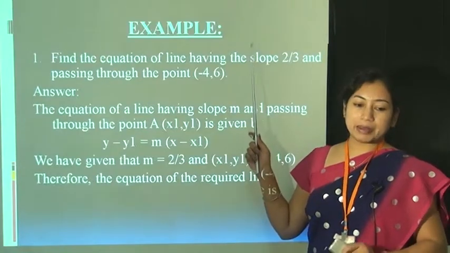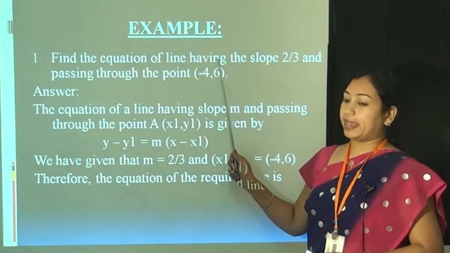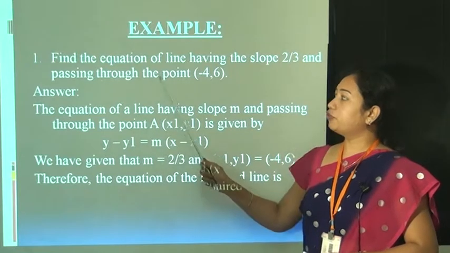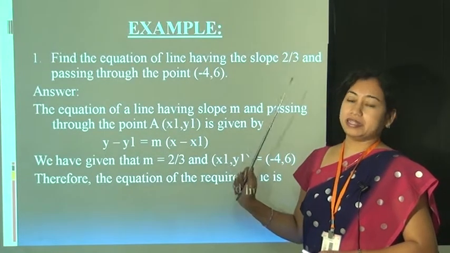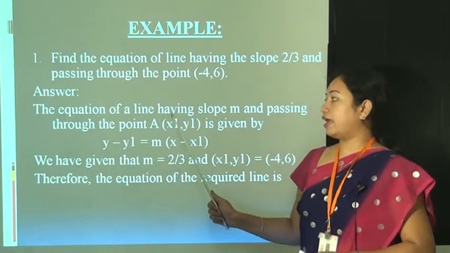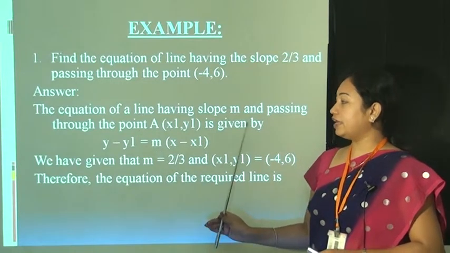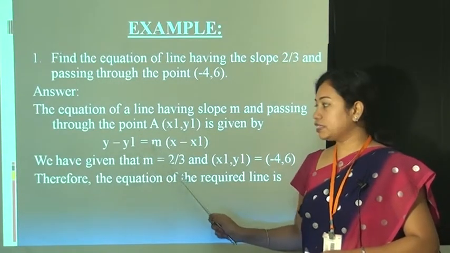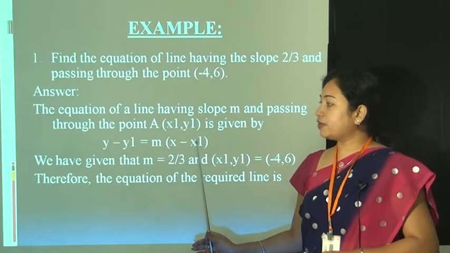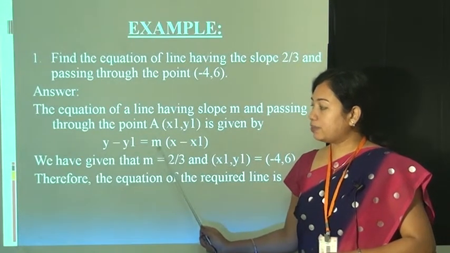So now let's take an example based on this equation. Find the equation of the line having slope 2 by 3 and passing through the point minus 4 comma 6. We know the formula of the equation of a line having slope m and passing through the point A x1, y1 is y minus y1 is equal to m times x minus x1, where x1 and y1 are the coordinates of point A and m is the slope.